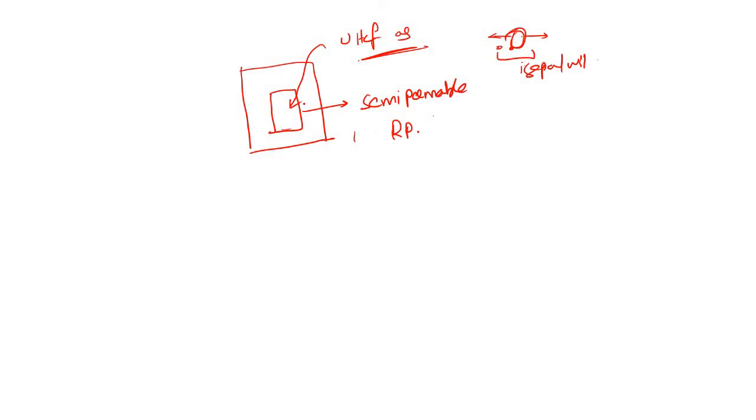So that's why we use the gaseous form here, and we try to rotate it very fast so that isotopes will be separated, as it is semi-permeable. Okay, but don't imagine that uranium-235 will completely separate and uranium-238 will be completely separate. No, this is very difficult.